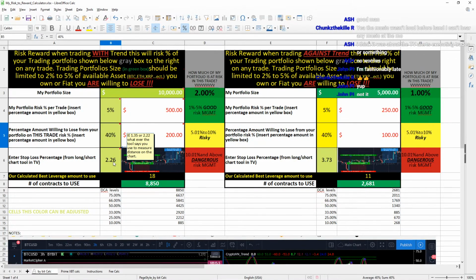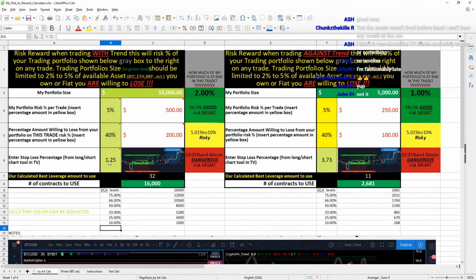So on the first of those two trades, at a 2% risk of your $10,000, $200 on the line, it would be an 18x trade with 8,850 contracts. Or the other one was like 1.25.